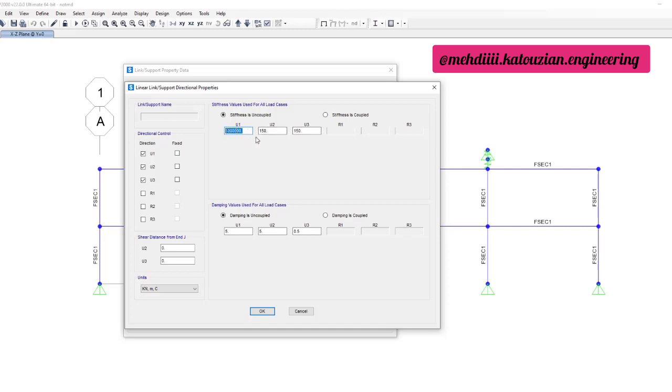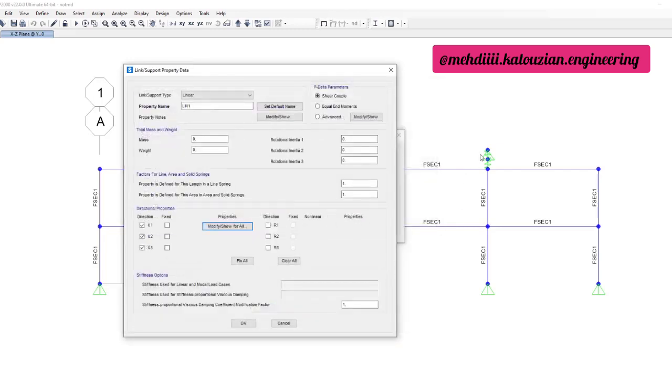But the most important is this K1 should be determined, and also the damping coefficient of this mass. So I already defined this mass, which can tune the structure and suppress the structure vibration. This is the properties I defined for the mass. But you can use different links to attach the upper part of the tuned mass. But for simplicity, I used one link for both.